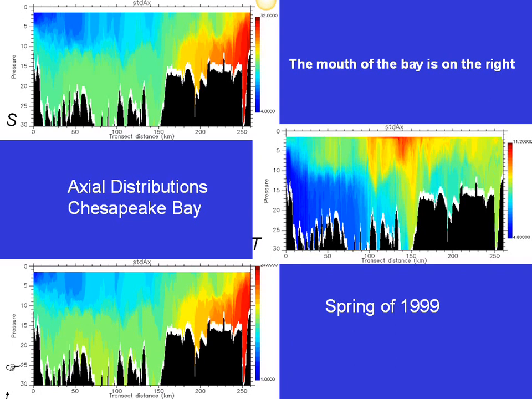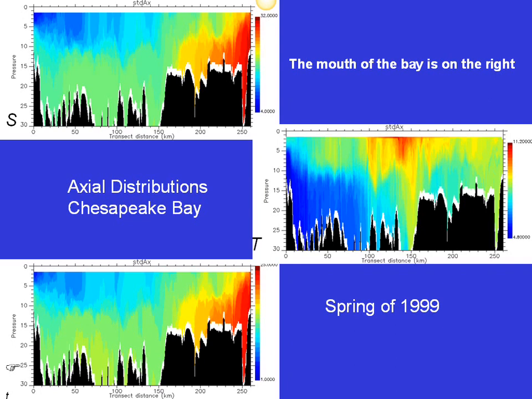I think we've talked about this, but does anybody remember why the salinity is more influential in the density in estuaries than temperature? Remember, it has to do with the thermal expansion and the saline contraction. And the saline contraction is 4 times greater typically than the thermal expansion.